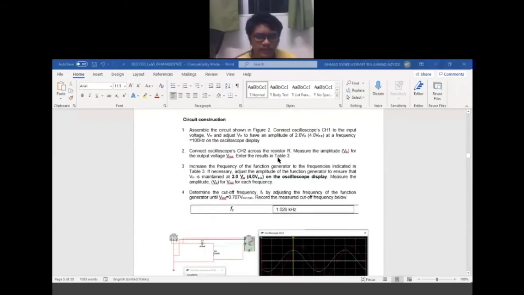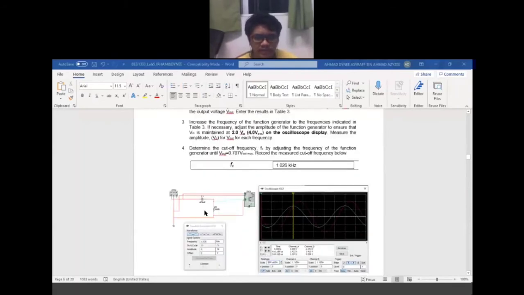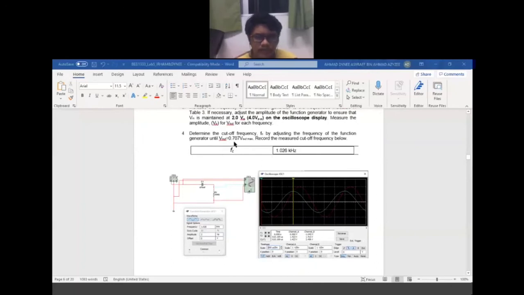For the circuit construction, this is how I construct my circuit. Then this is to find the cut-off frequency to check whether the theory is valid. I put the input at 1.02 kilohertz.